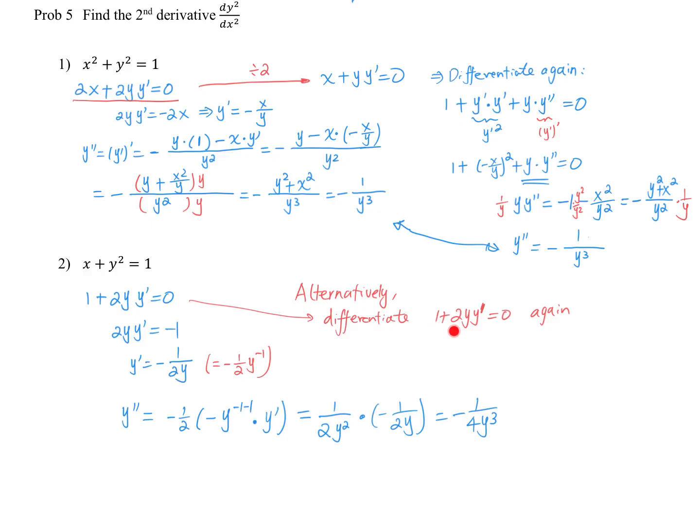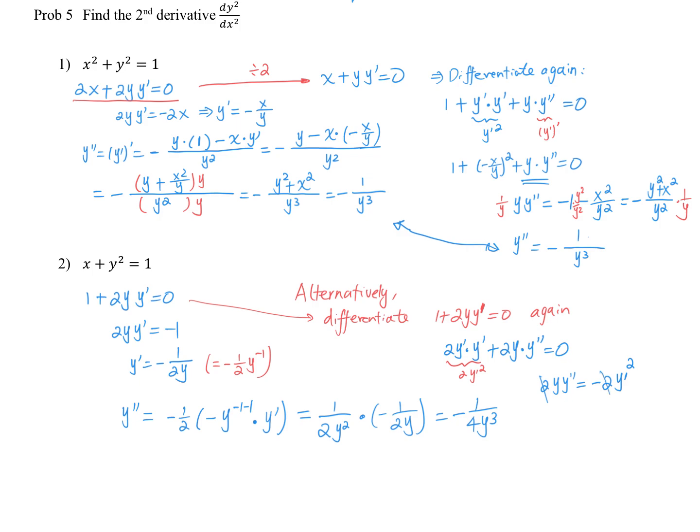The derivative of 1 is 0. For the derivative of this, we use the product rule. So the derivative of 2y will be 2y prime times the second function, which is y prime, plus 2y times the derivative of the second function, which gives us y double prime, equals 0. Then we have 2y y double prime equals negative 2y prime squared.